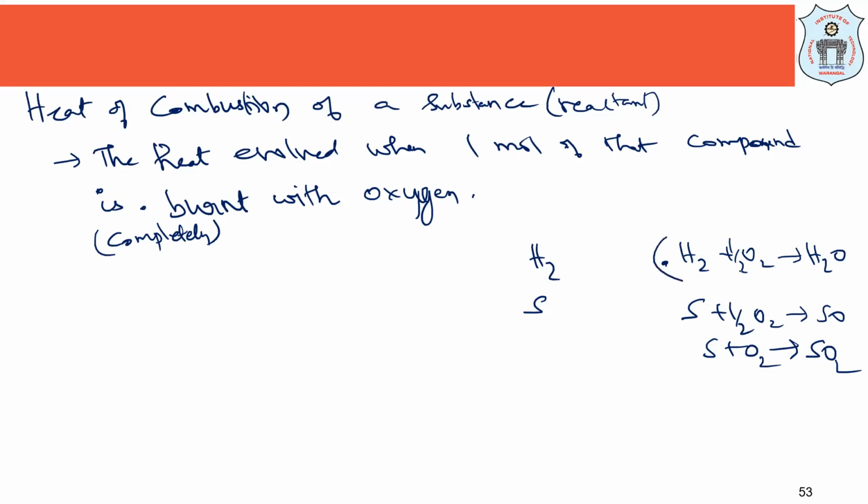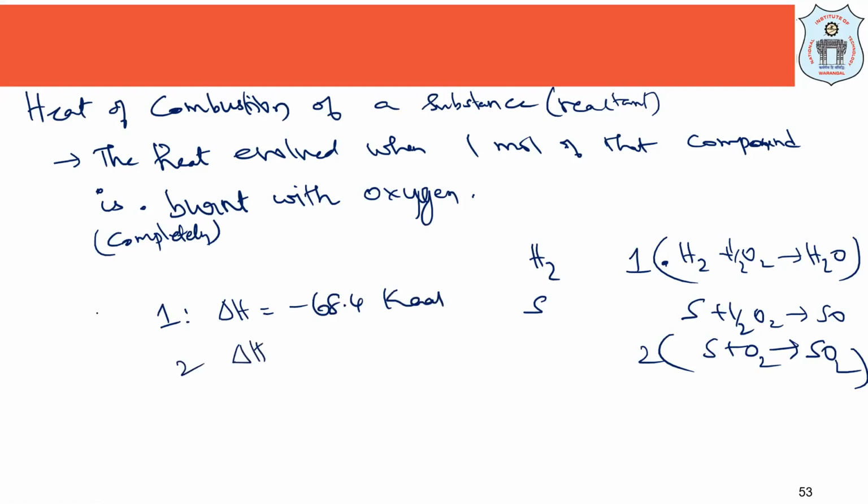For reaction 1, we have delta H equal to minus 68.4 kilocalories. And for reaction 2, delta H equal to minus 71 kilocalories.